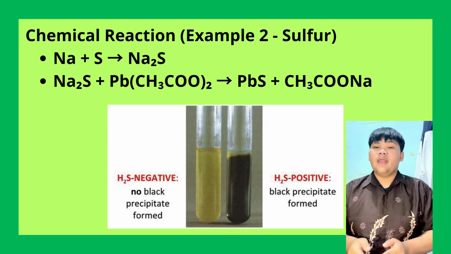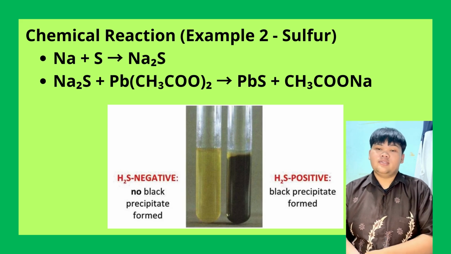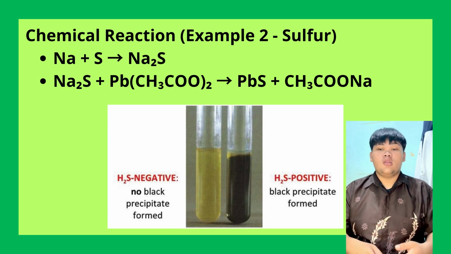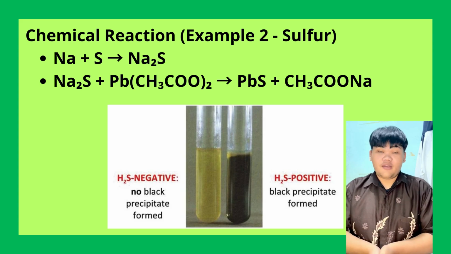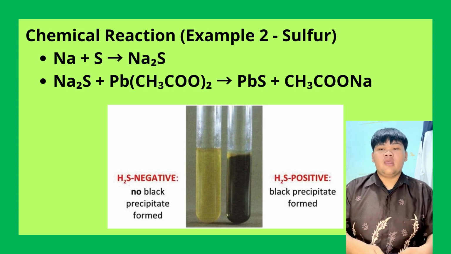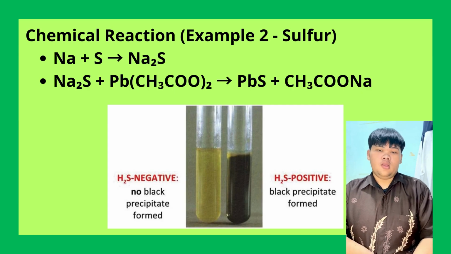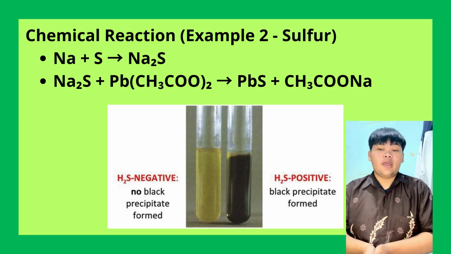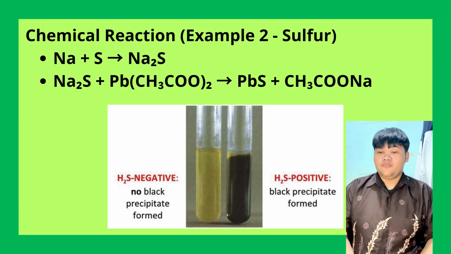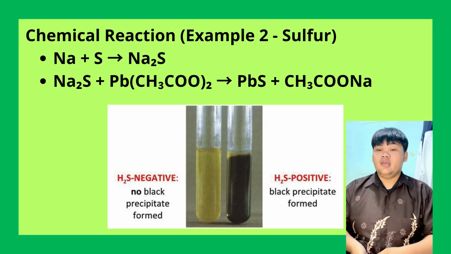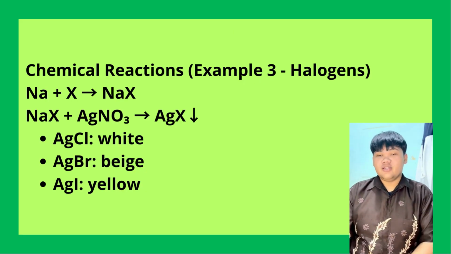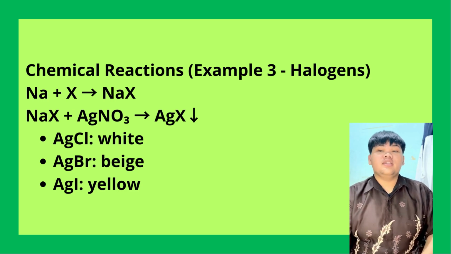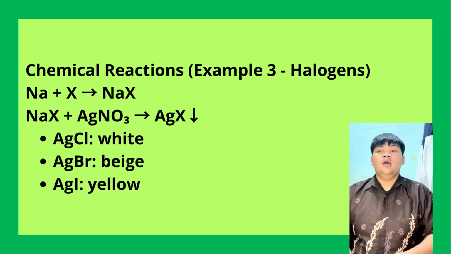It produces a black precipitate of lead sulfide, or PbS. The black precipitate is the evidence of sulfur. The analogy is like mixing black ink into water. It's immediately visible.